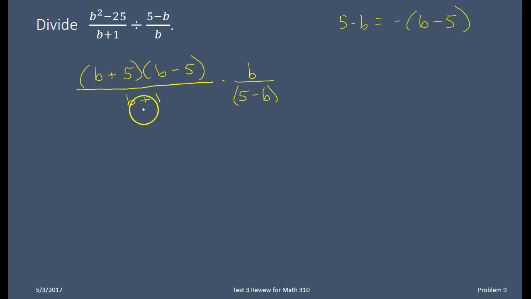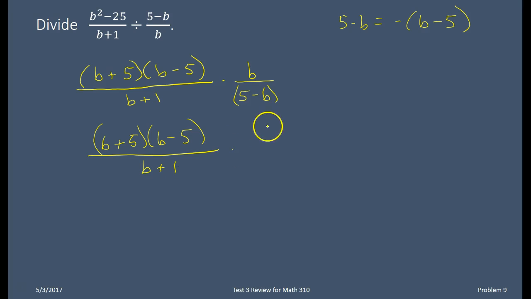So that's what we're going to do. We're going to rewrite b plus 5, b minus 5, over b plus 1, times b over negative b minus 5, which helps us because then this and this cancel out, and that's all that cancels out.